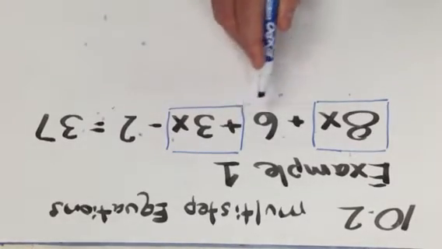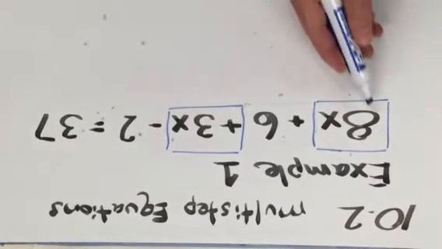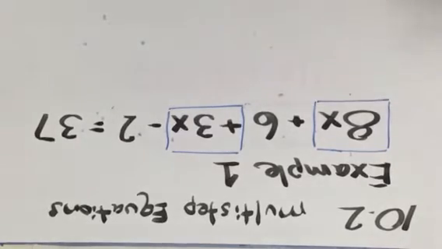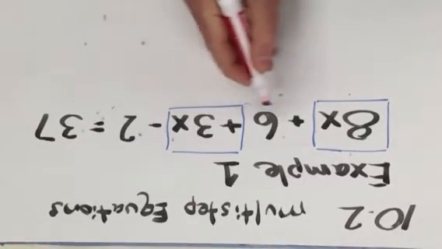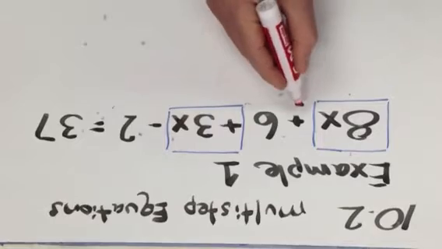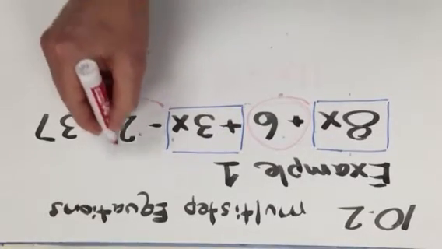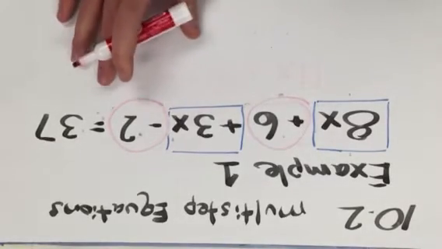It's very important that when you're grouping these, you take a look at the sign in front of the term. Even though it doesn't show it, we have to assume this one is positive. This one over here, these two are also like terms. This is a positive 6, and this is a negative 2, or we can think of it as plus a minus 2.